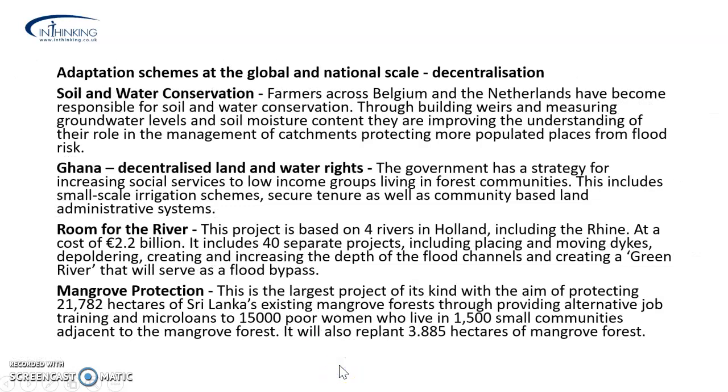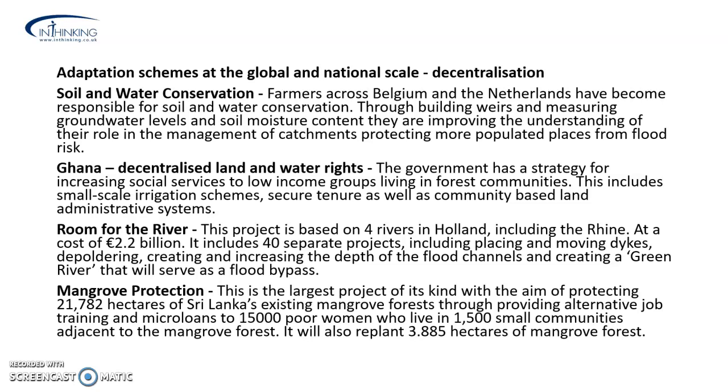So when we think about adaptation schemes at the global and national scale, well, really adaptation needs to be more nationally focused. At the global scale, we can definitely think about, say, REDD schemes, the UN REDD schemes. There's definitely adaptation there, and we've got the Green Climate Fund, which is being organised at the global scale.